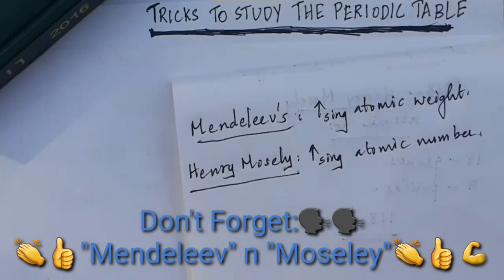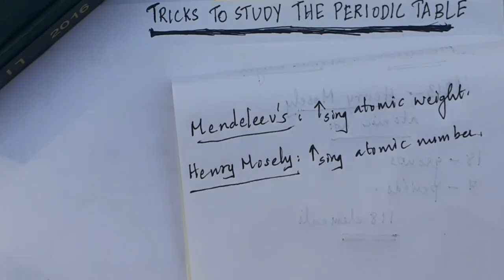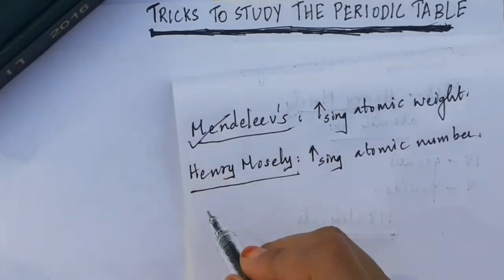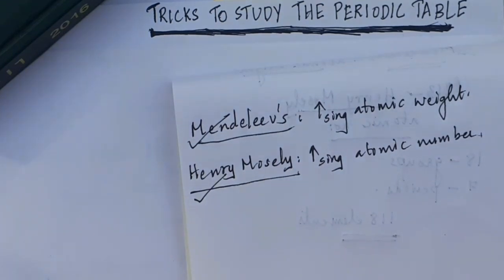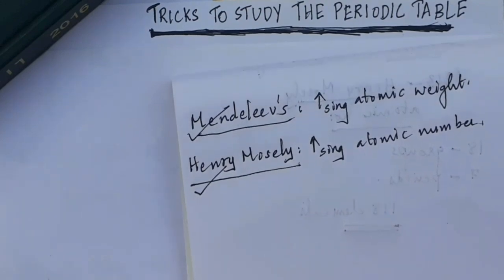So when you talk about the periodic table, two names you have to remember: Mendeleev and Henry Moseley. Henry Moseley discovered the modern periodic table, in which elements are arranged in increasing atomic number. That is a small description about the history.